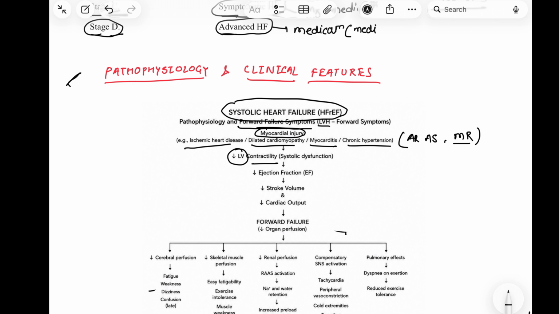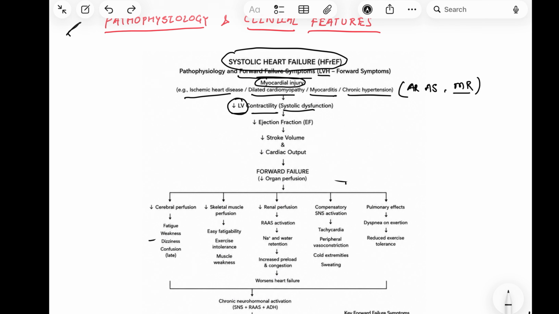So there is a decrease in systolic function of the left ventricle. Due to this, there is a reduced ejection fraction, which results in decreased stroke volume and cardiac output, right? Due to this decreased cardiac output, there is perfusion failure, right?